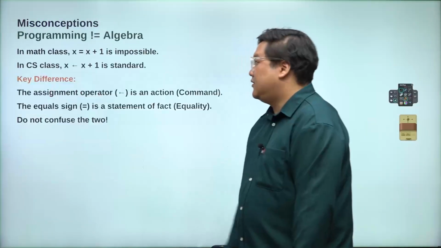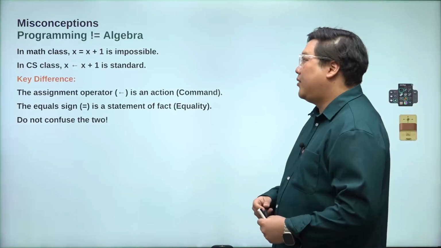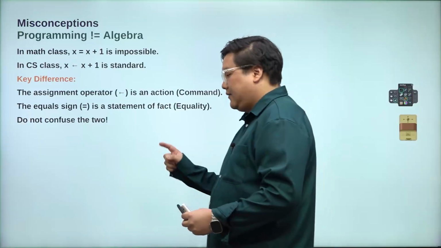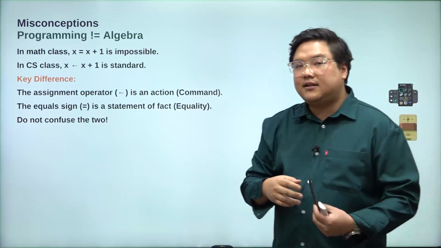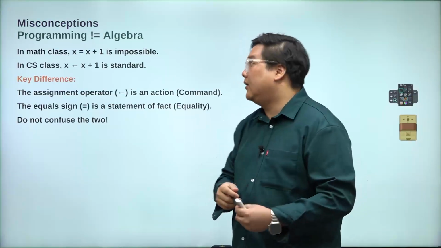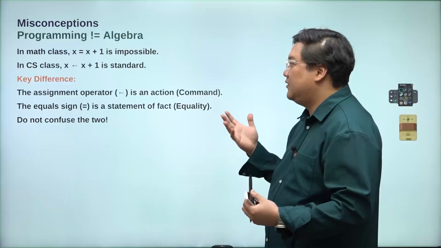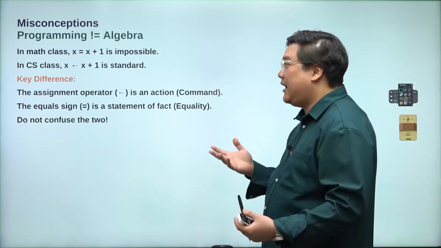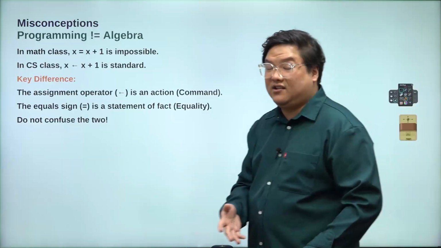So that's the process. And again, in programming, the arrow, you can think of that as an equal sign, but it's going to be different from the mathematical equal sign. In math class, x equals x plus 1 is impossible because that would evaluate to a false statement, right? 0 equals 1.